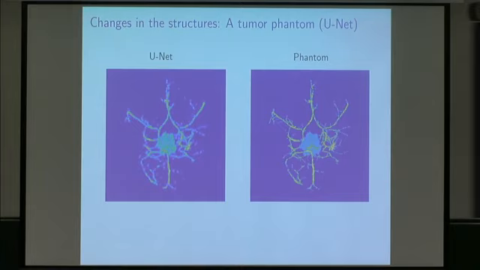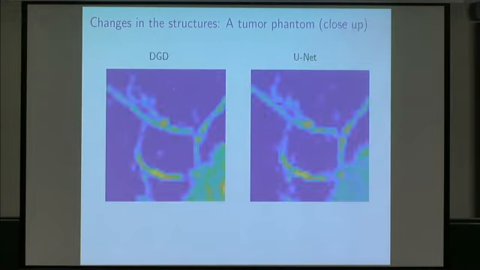But the UNet, comparably, if you do the post-processing, you see that a lot of structures are introduced in the background. I don't know where they come from, but the UNet introduced a lot of noise in the background. If you have a close-up look, the background is nicely uniform here, while there you see some noise, and there are some funny halo artifacts around the vessels.